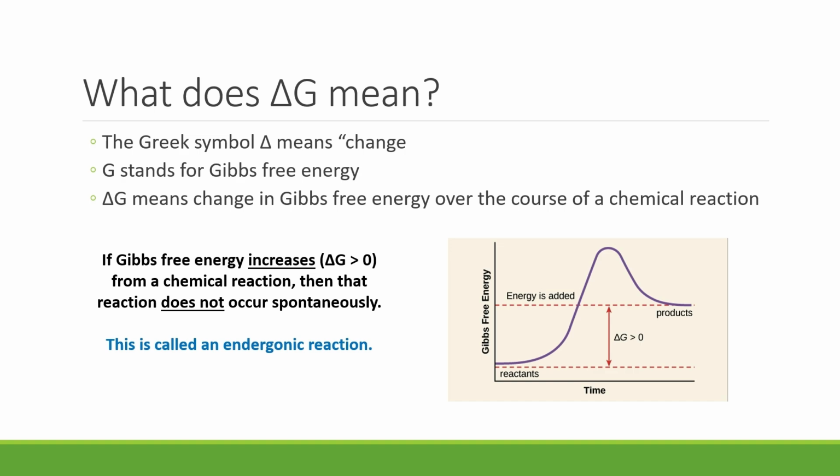These types of chemical reactions do not occur spontaneously because they do not generate heat. So if we look at this diagram right here on the right-hand side, this is how you would map a reaction with an increase overall in free energy. The beginning amount of free energy is down here, and then the ending amount is up here.